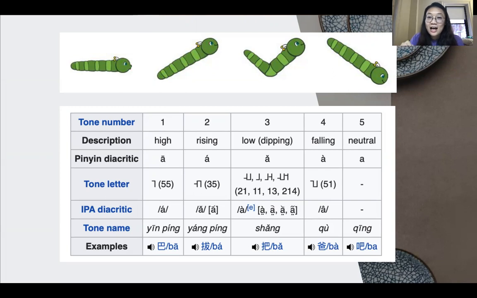The trick to pronounce the fourth tone is you need to think about when you hurt yourself or you stumble on your toes, you say ouch, ouch, that's the same tone. Or think about when somebody jumps off a cliff, usually we don't want that to happen, but just imagine, they're going to scream. So that's the falling tone, that's the fourth tone.